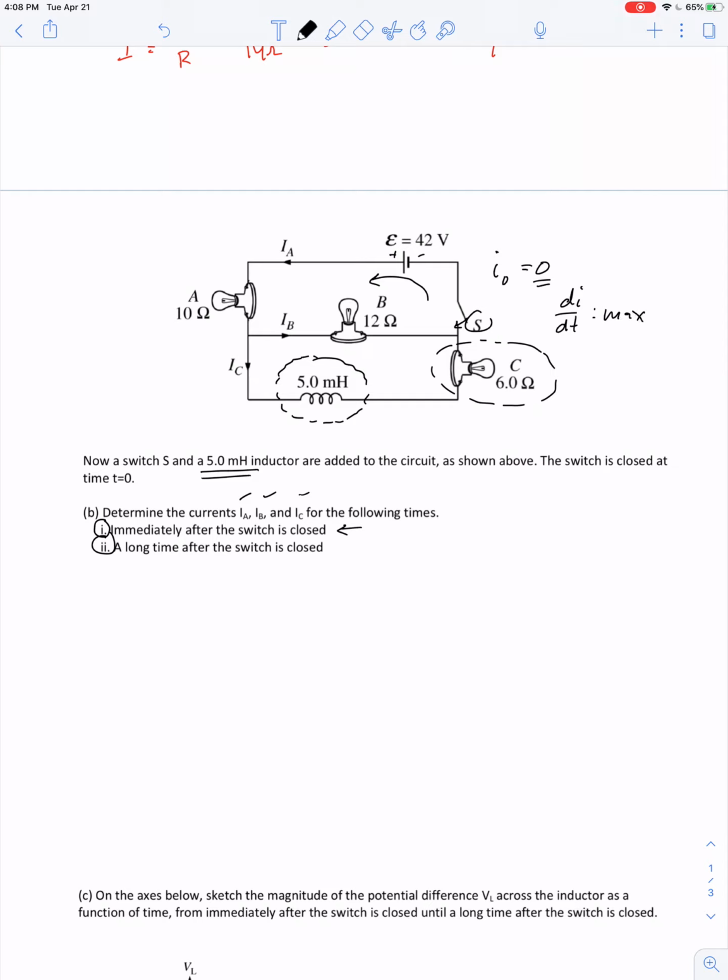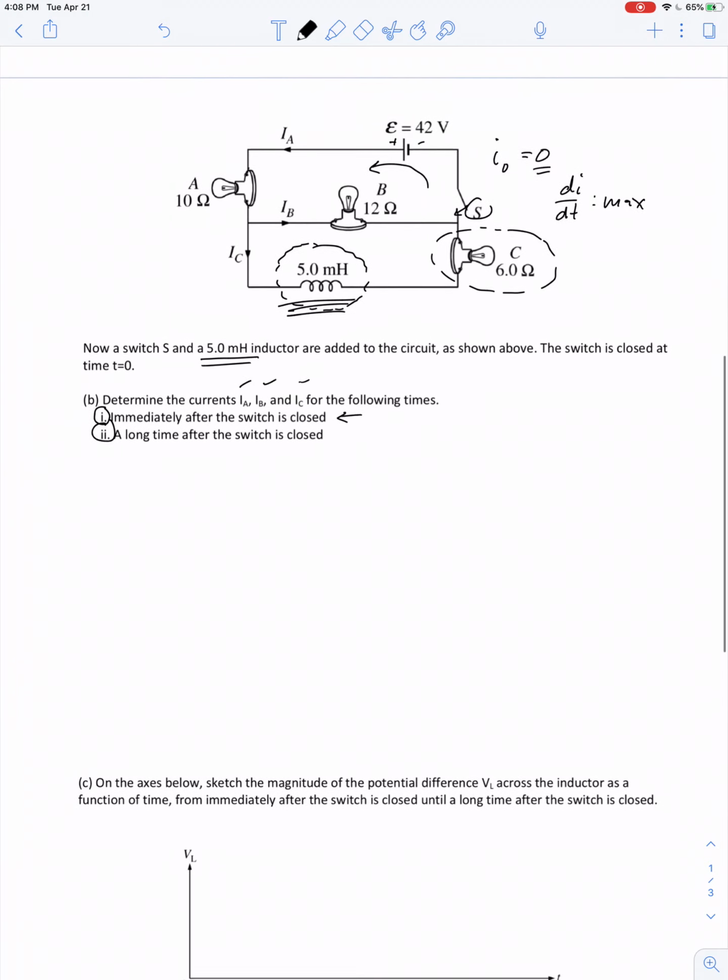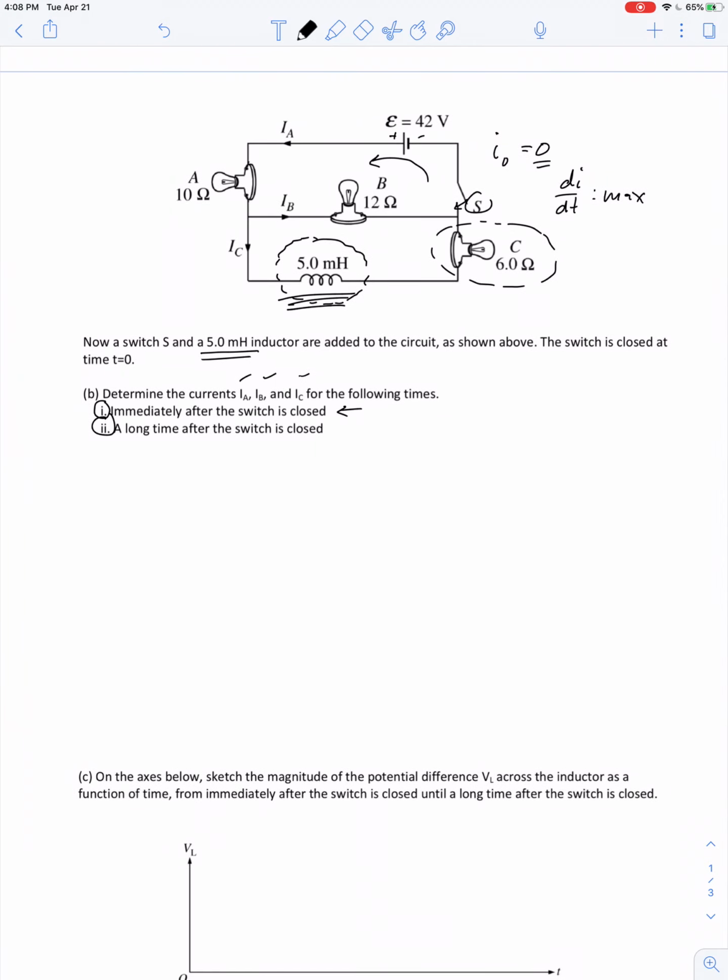And when the rate of change of current is maximum, then the resistance of the inductor might as well be infinite. So no current flows through light bulb C immediately after the switch is thrown.